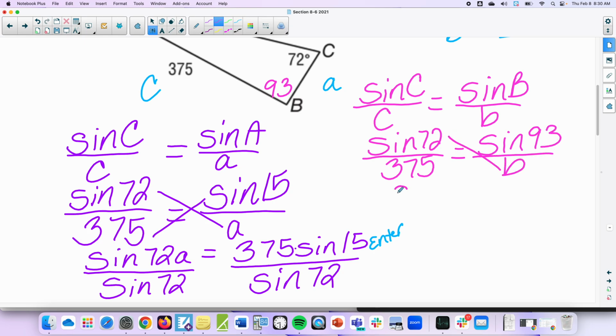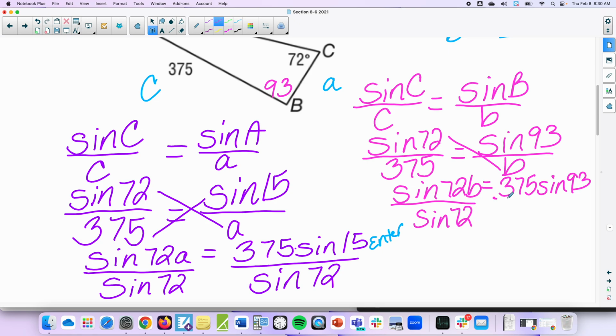Do cross products. So I have sine 72 b equals 375 sine 93. Then we're gonna divide by sine 72. These are gone. And so we're gonna type in 375 sine 93, enter, and then divide by sine of 72.